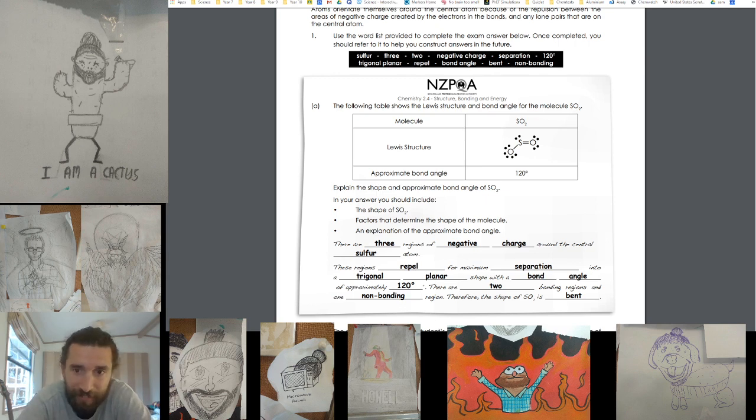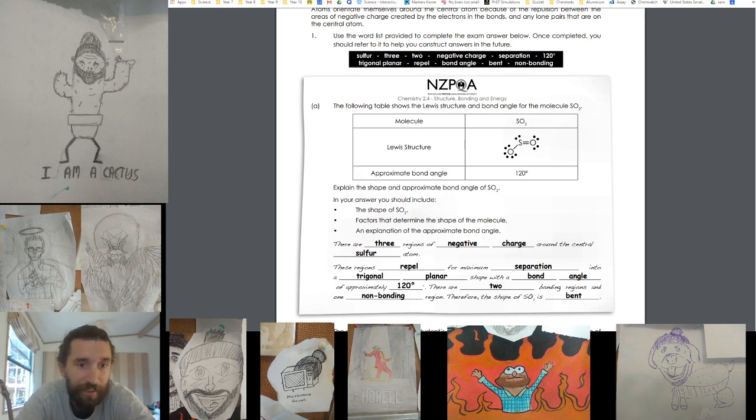The next bit we have to say is that these regions of negative charge want to be as far apart from each other as possible. So we say these regions repel for maximum separation, and because there are 3 regions of negative charge, the regions of negative charge repel each other into a trigonal planar shape.